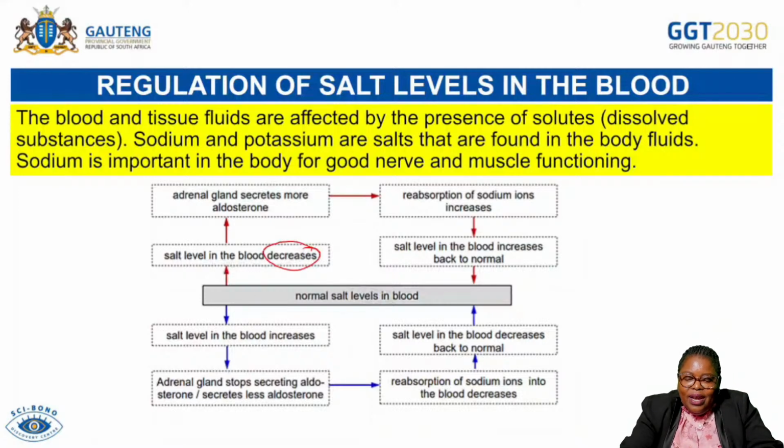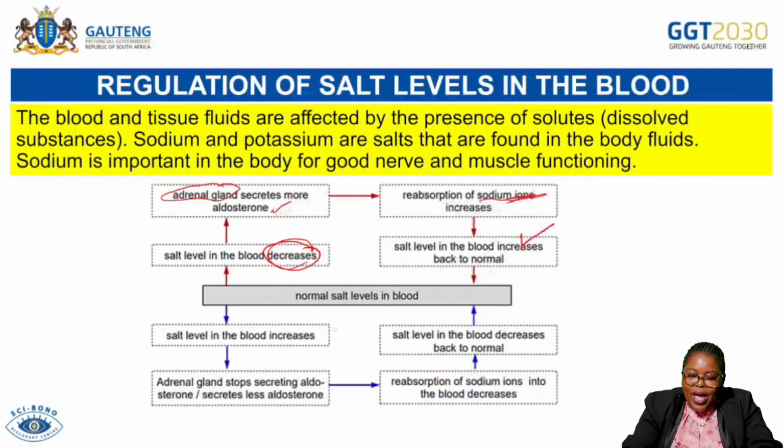When the salt level in the blood decreases, what is going to happen? The adrenal gland of the kidney secretes more aldosterone. Remember, the salt level decreases, it's low. So the adrenal gland secretes more aldosterone. Then the reabsorption of sodium ions is going to increase also, and the salt level in the blood is going to increase and go back to normal.